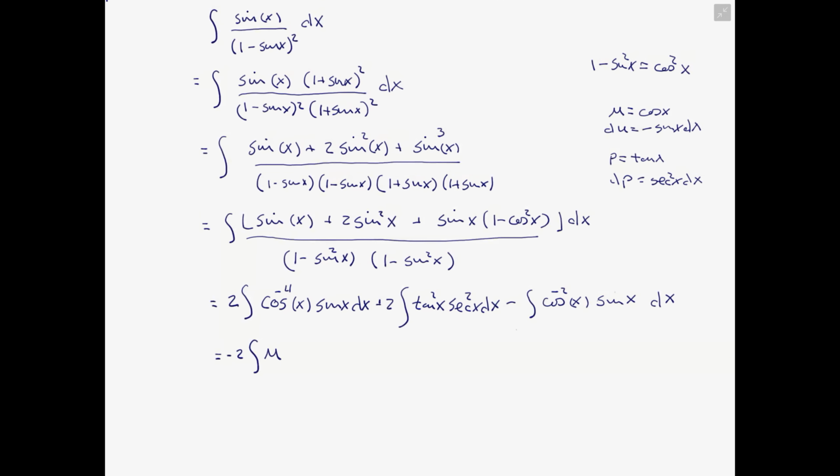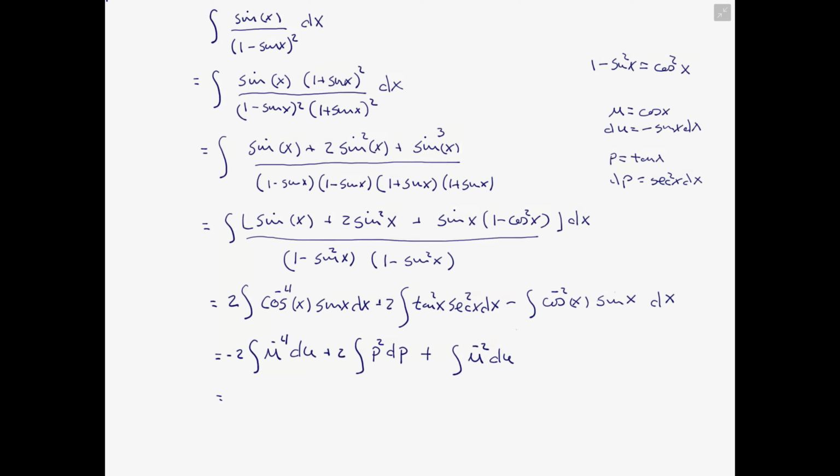Or wait a minute, I'm jumping. We get u to the minus 4 du plus 2 p squared dp, minus, and here we've got u to the minus 2 du, and that's a plus.